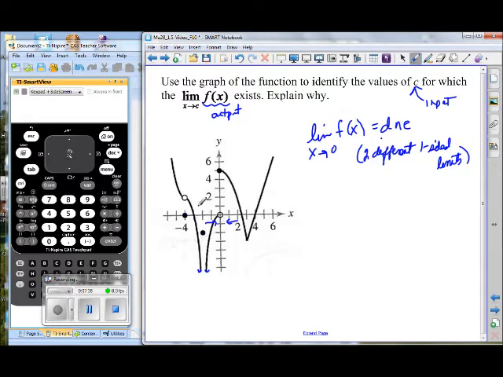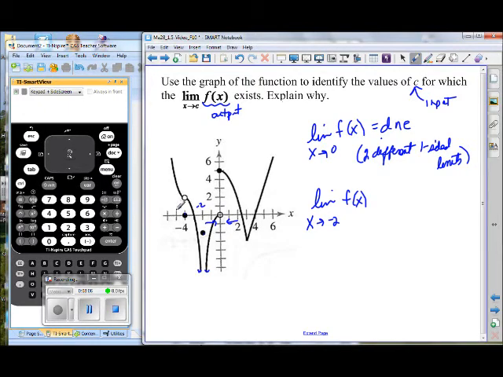This appears to be -2 right here, so let's take a look at the limit as x approaches -2 of the function. Do we think the limit exists? Now there's something interesting happening here. Is there an output value when the input is -2? And because this dot is here, the answer to that question is yes, there is an output value.